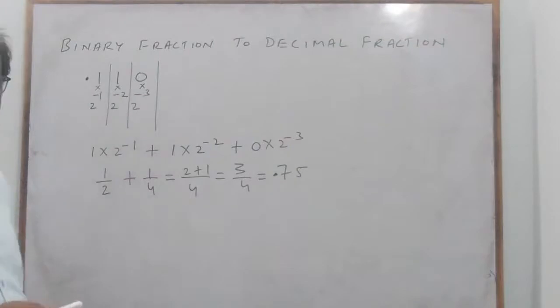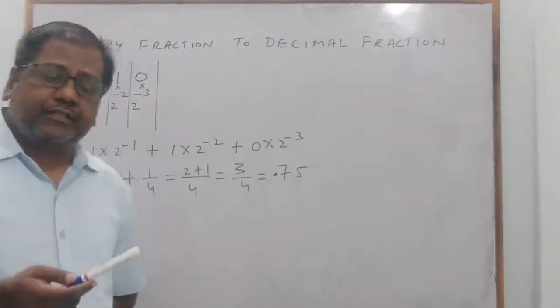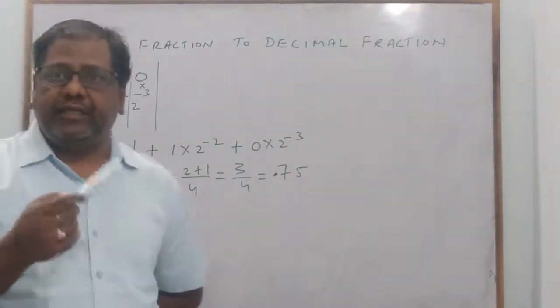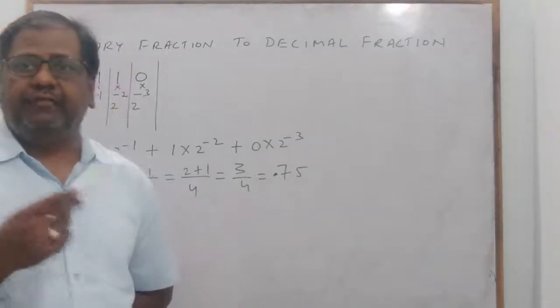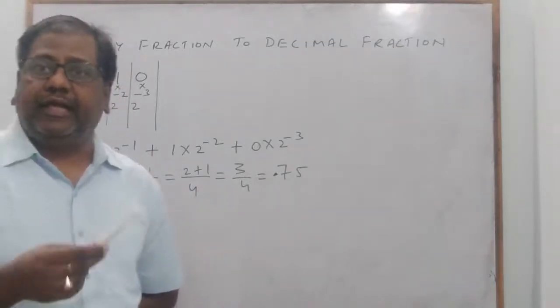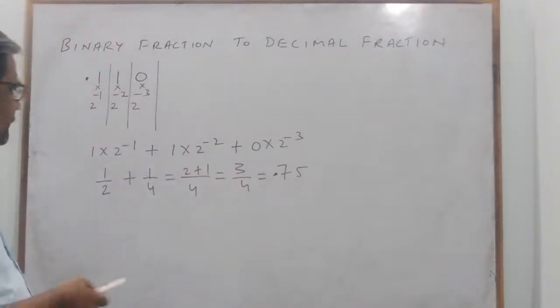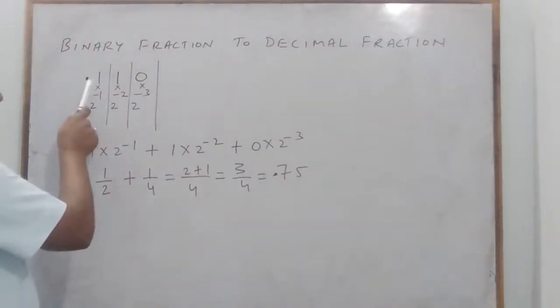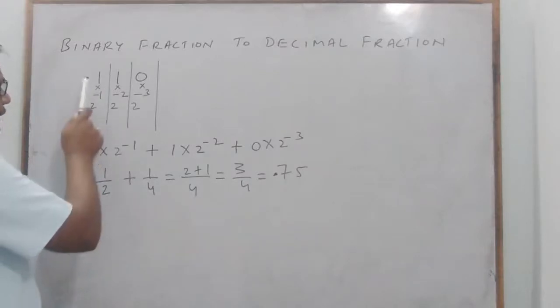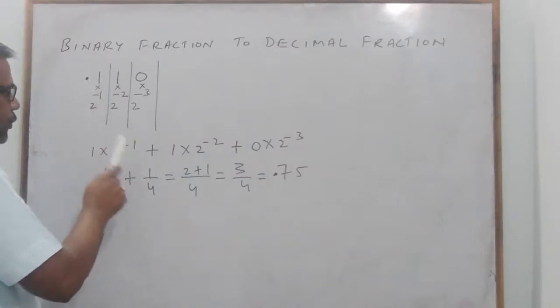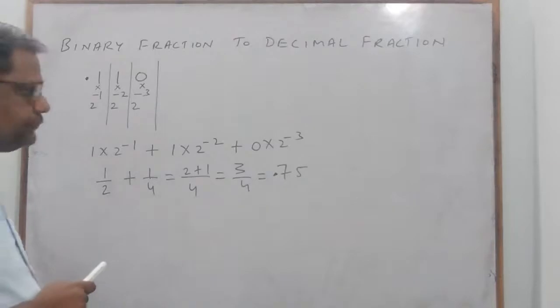Then, as we discussed earlier, we will multiply each one of them and we will add them up. So say for example this is 1. So 1 will be multiplied by 2 to the power -1.